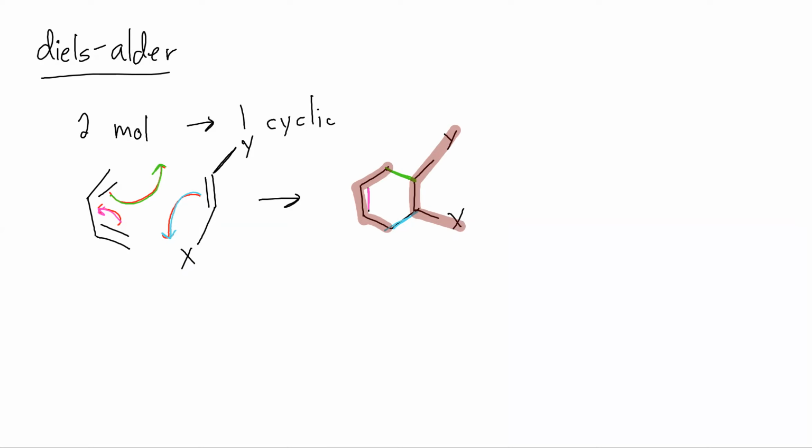And so this system, we would call it a 4 pi 2 pi system, because we got 4 pi electrons from one molecule, and we got 2 pi electrons from the other molecule. There are some Diels Alder reactions that will use different pi systems, such as a 6 pi and a 2 pi system, or even an 8 pi and something else system. I'm going to show you a 6 pi 2 pi system right now.